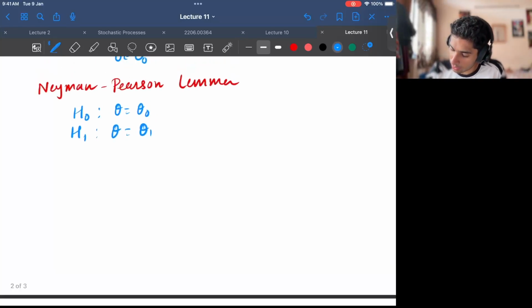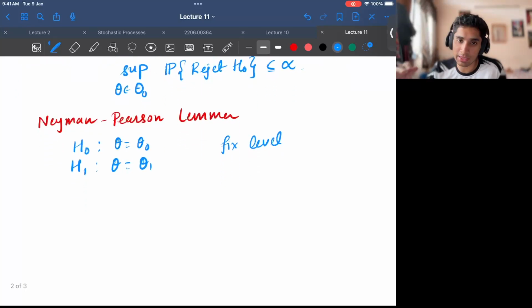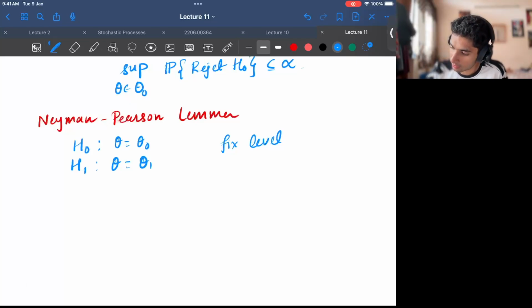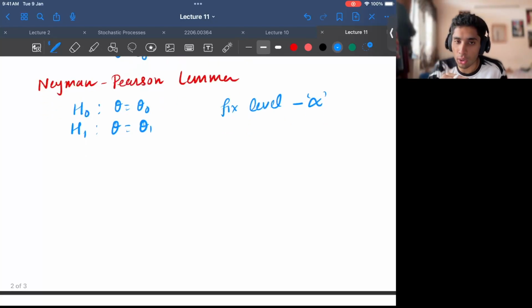So you fix the level. You are basically saying the type 1 error has to be fixed at alpha. Fix level alpha, so the level is fixed. Now you are considering all the tests that have alpha level.